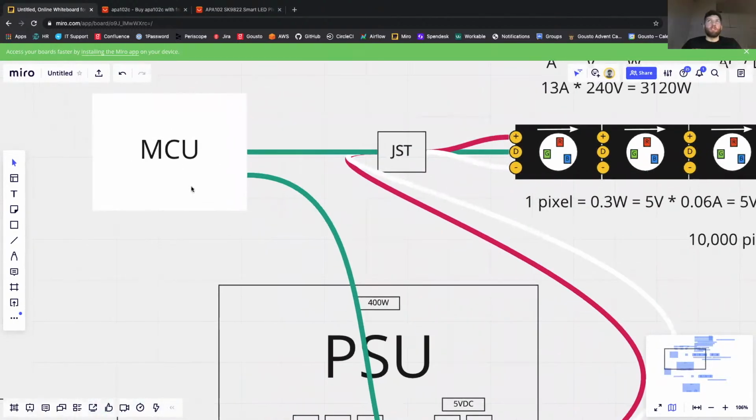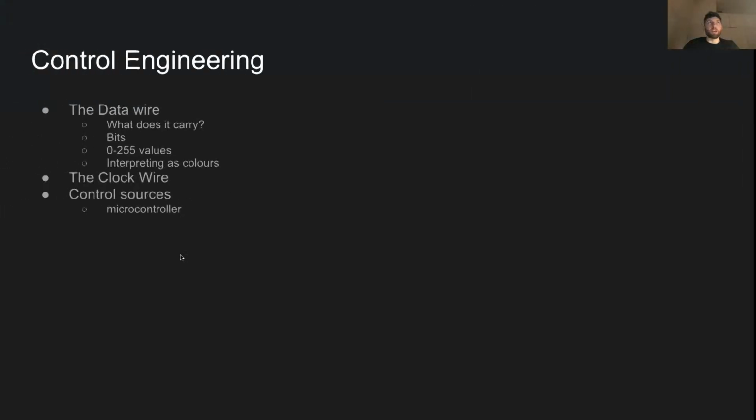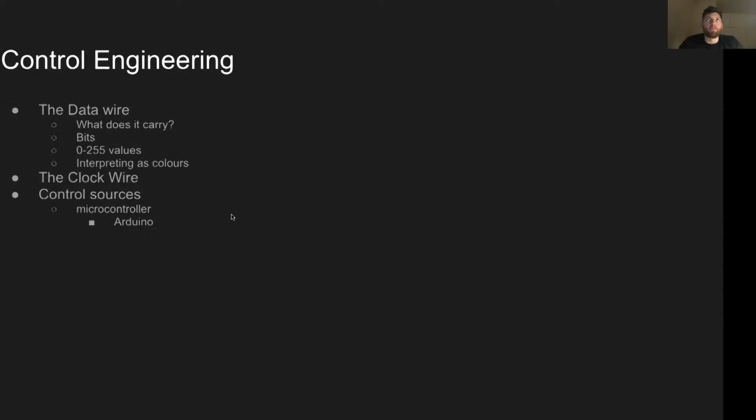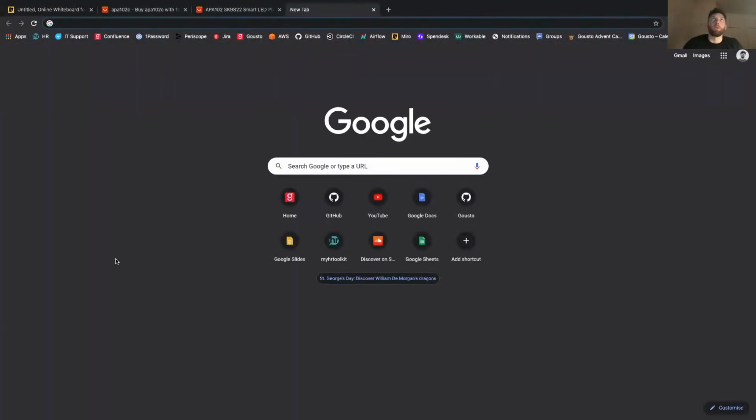So what are our options for this thing? Well, this is a very big subject, and typically it requires some computer programming to achieve if you're doing a custom installation. The best platform to start with here is called Arduino. This is essentially a learner's microcontroller. So let's have a quick look at this.